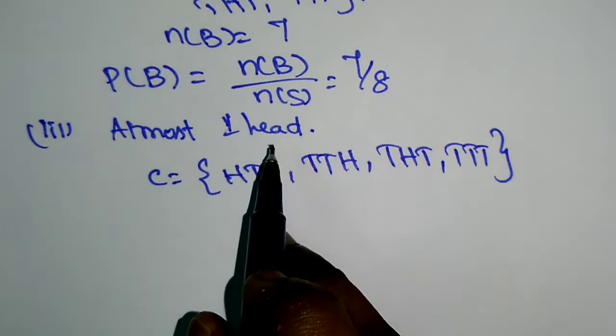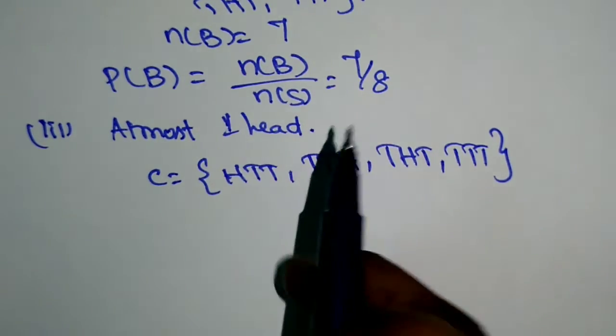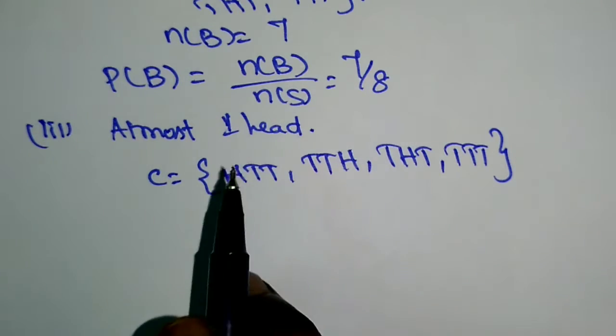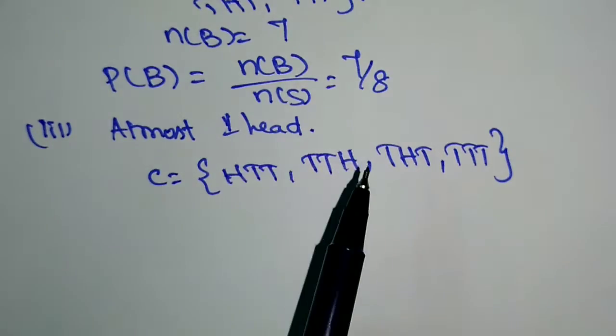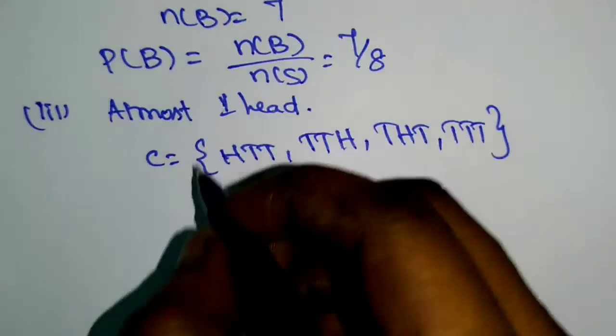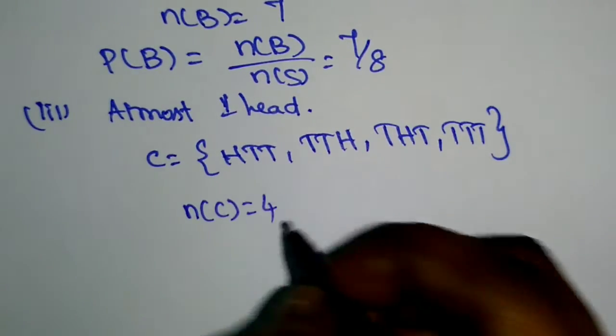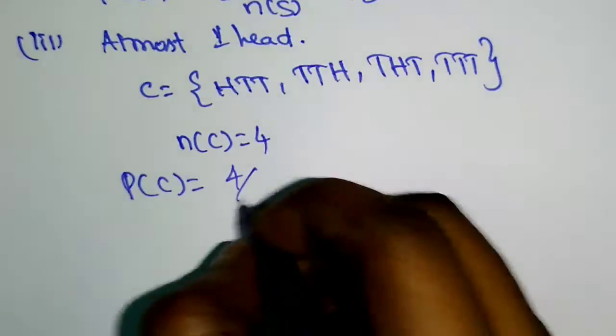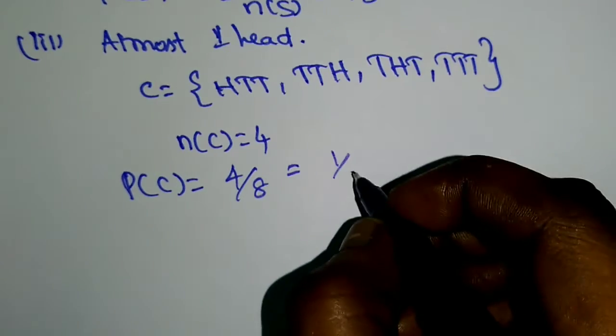At most one head means at least one head and no head. So n of C is equal to 4. So P of C, the probability of C, is equal to 4 by 8, so 1 by 2.